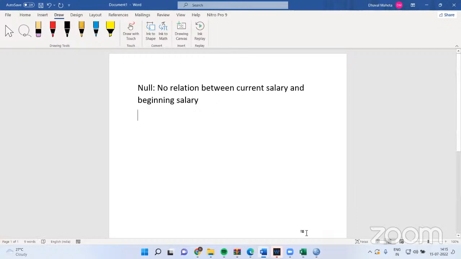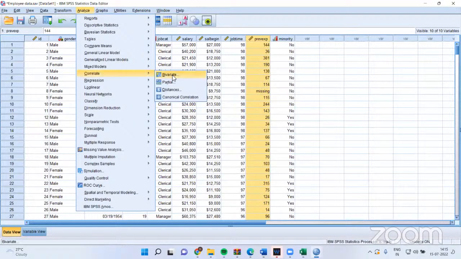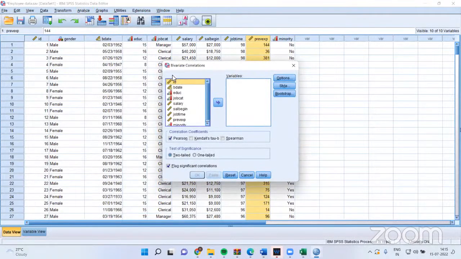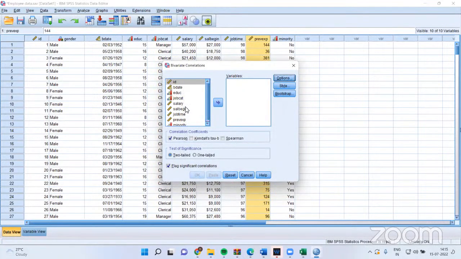Now I want to run correlation. For this purpose, I will go to analyze, correlate, bivariate. Transfer salary and salary begin here.